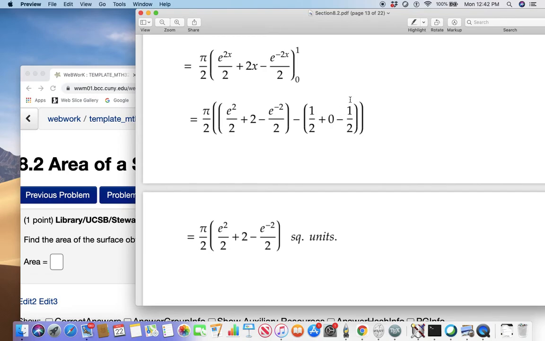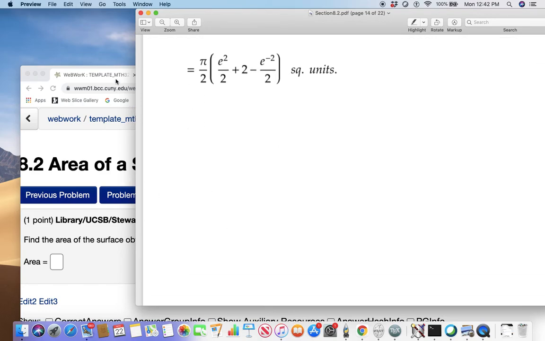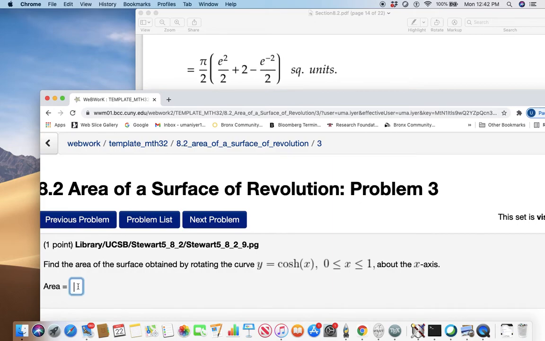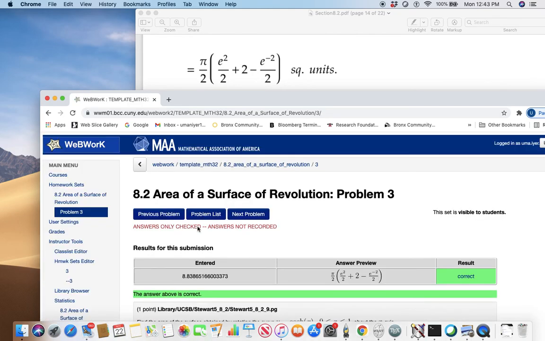Notice half minus half, they cancel. So this is all I need, right? Pi over 2 times this quantity. Let's try. That's correct. Next.